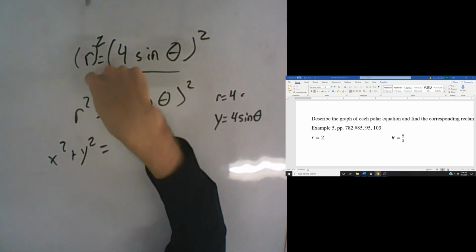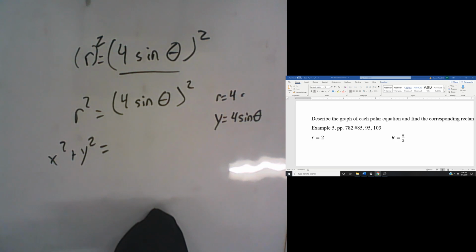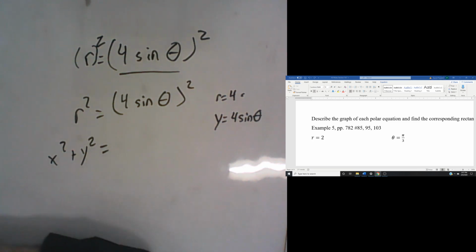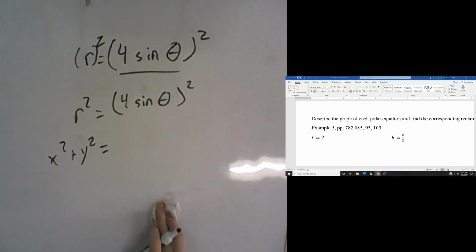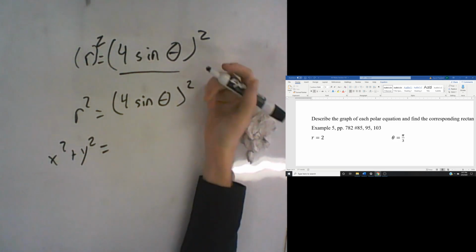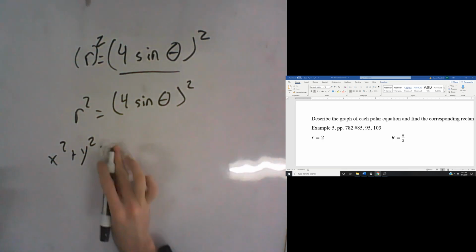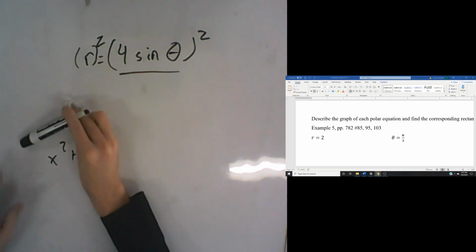I was right about this, so what's wrong about this? Okay. Let me think. I do know I need to square both sides. So what if I subtracted it? Okay, we're going to try that.